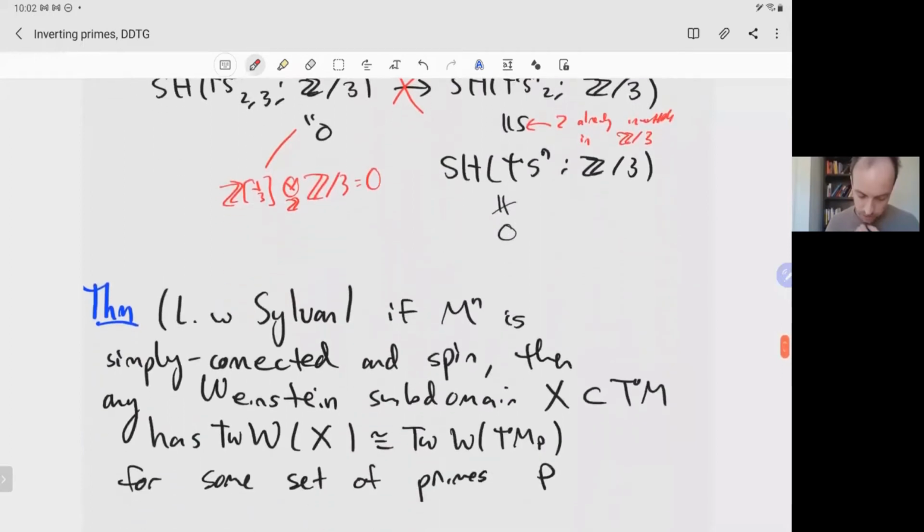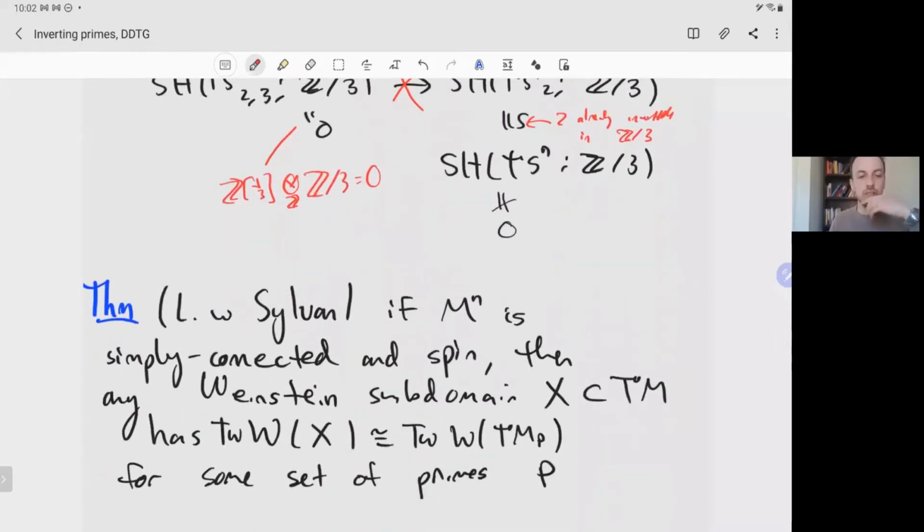And now let me state another result with Sylvan, which is that if you have M, a smooth manifold which is simply connected and spin, then in fact any Weinstein subdomain X of the cotangent bundle of M has a Fukaya category isomorphic to the Fukaya category of the localization at P for some set of primes P. So you have this fairly rigid lattice, and at least from the point of view of the Fukaya category, any subdomain has the same Fukaya category as one of those.